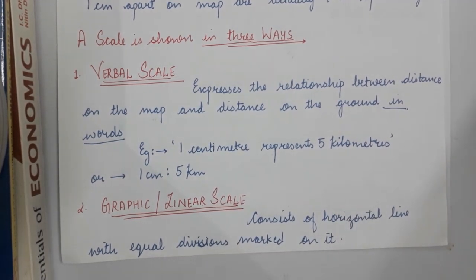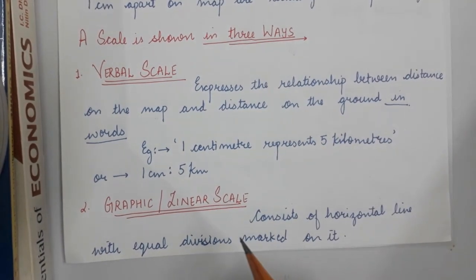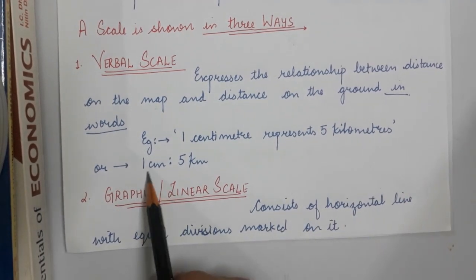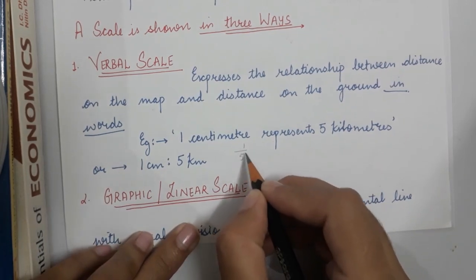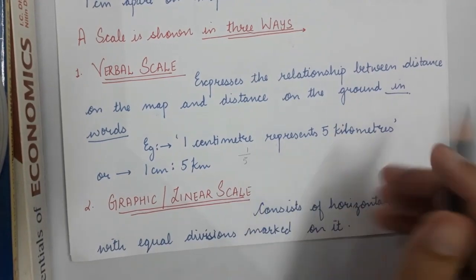This means that if the distance between two points on the map is 1 centimeter, it will be equal to 5 kilometers on the ground. The ratio is 1 centimeter to 5 kilometers. You can also write 1 upon 5, or 1 centimeter upon 5 kilometers.